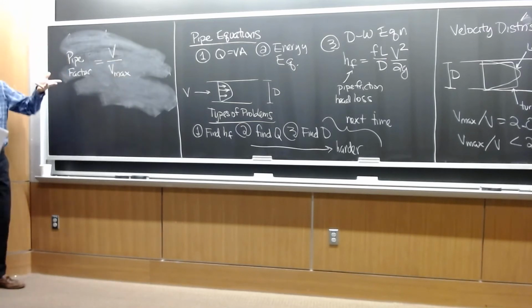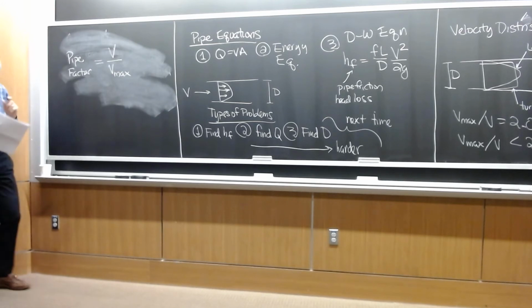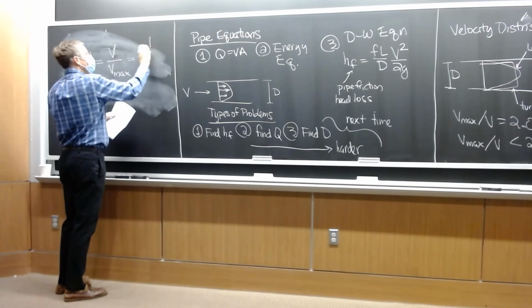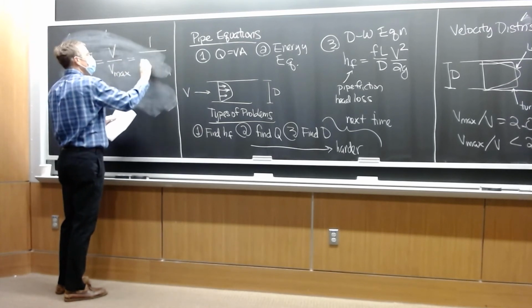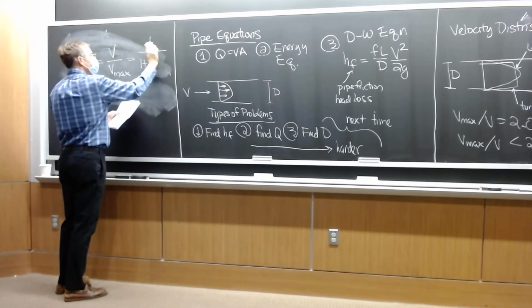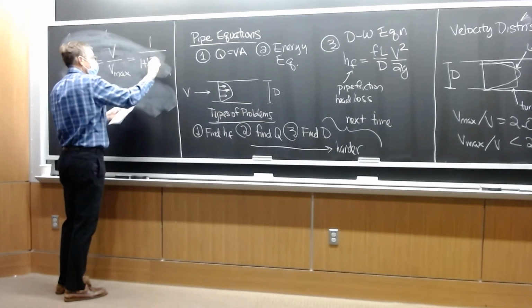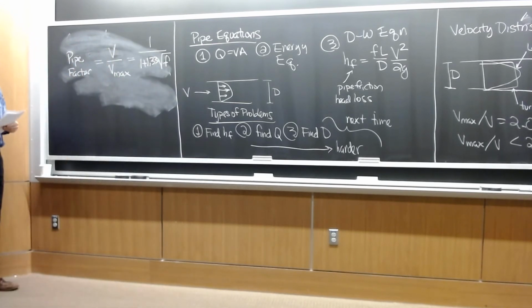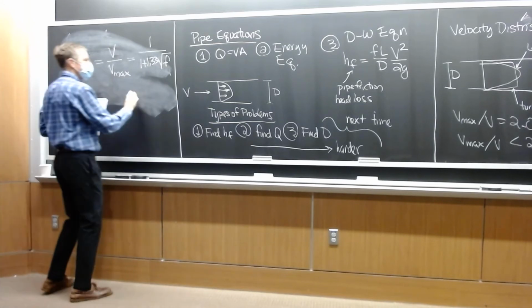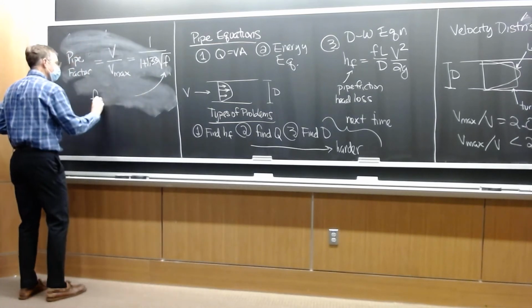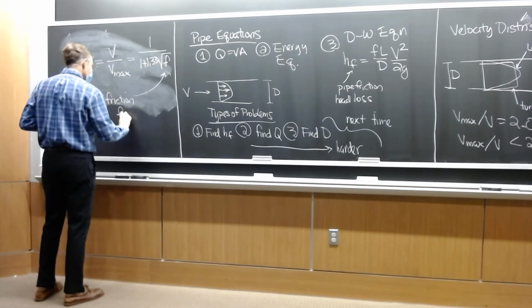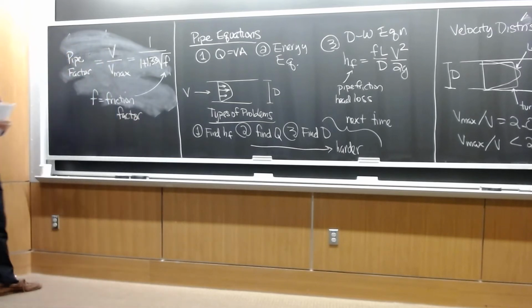This is the inverse of what we were showing over there, but it's the average over the maximum. And that's an equation for it. And remember this thing, this f, is something we call the friction factor. It's in our Darcy-Weisbach equation.